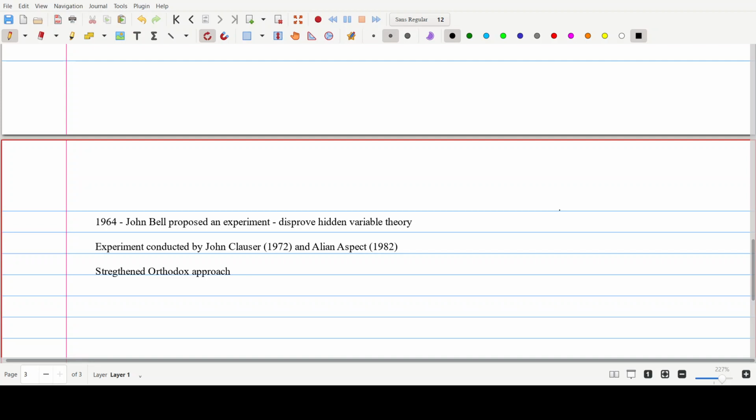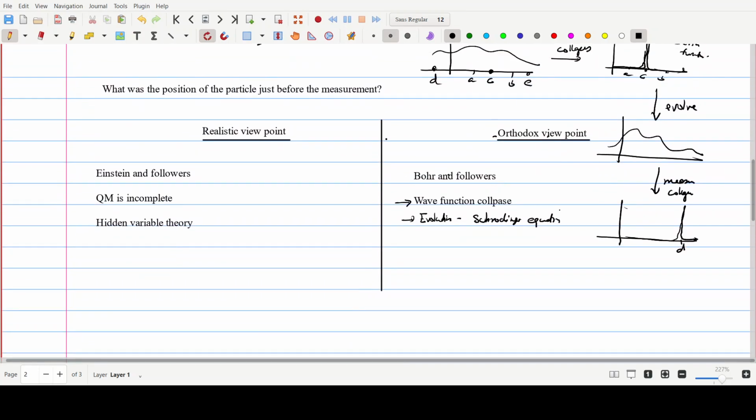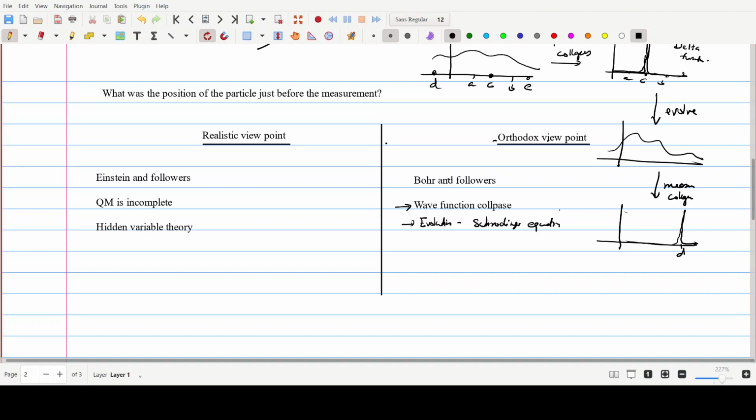So in this section, we have just introduced the various viewpoints on the results of quantum mechanics. We know that quantum mechanics is a probabilistic physics, and even though it is probabilistic, we can have some mathematical result, and this mathematical result has to be interpreted. There are many ways to interpret it, and we have discussed two of them, the realistic viewpoint and the orthodox viewpoint.